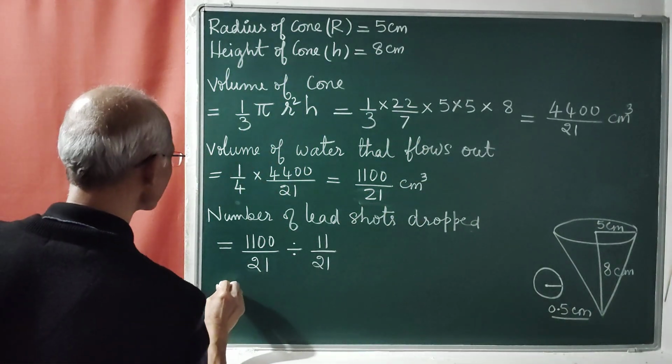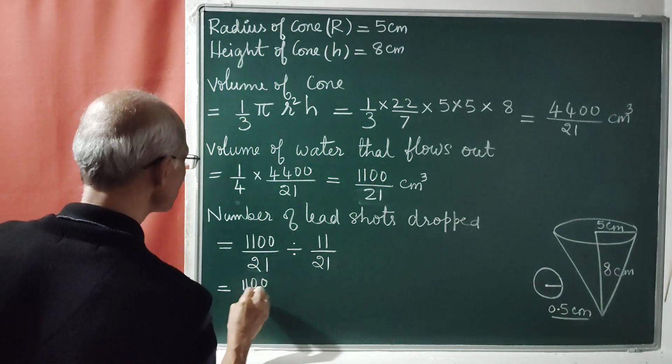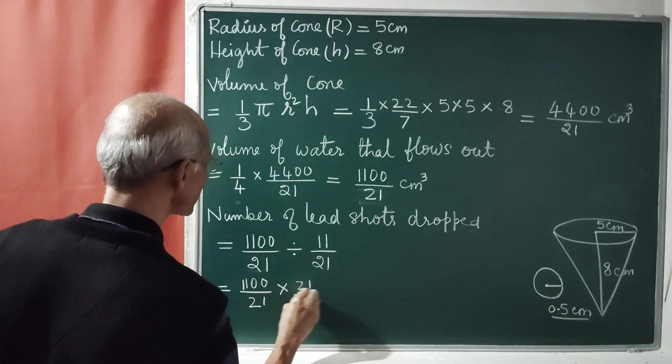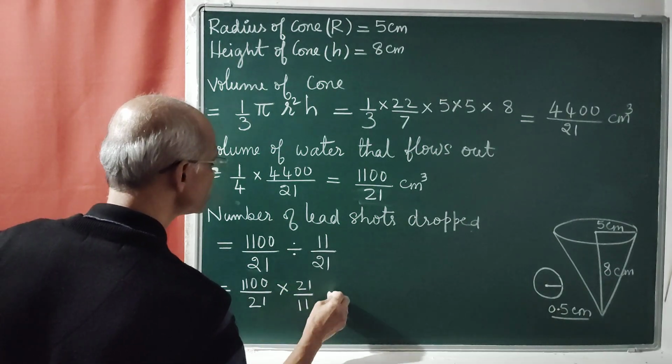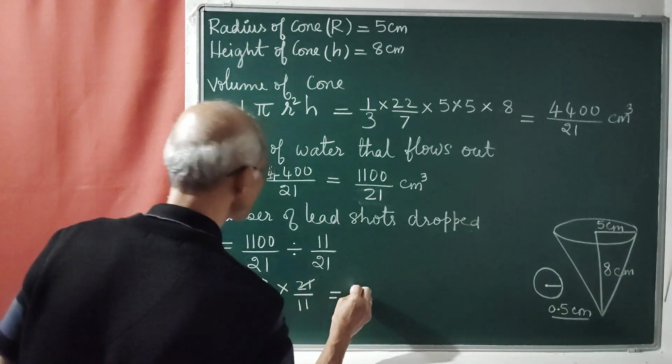So this one, it will be how much? 1100 by 21 into 21 by 11. So this will get cut here, 21, 21. So 11, if you divide it, you will get 100.